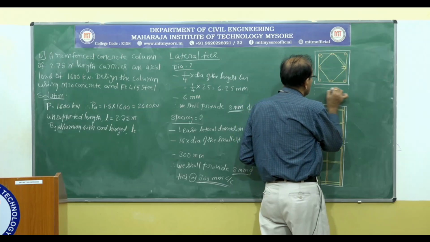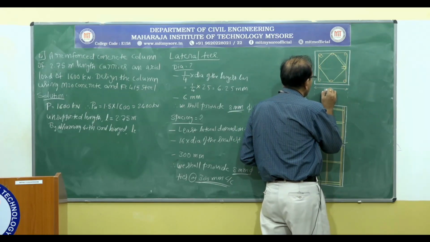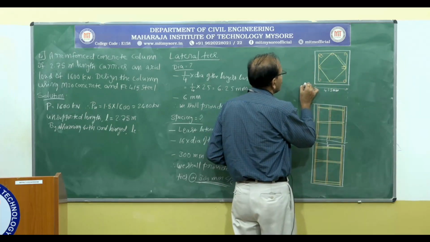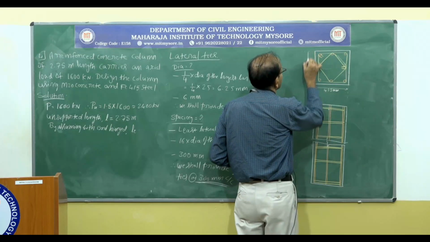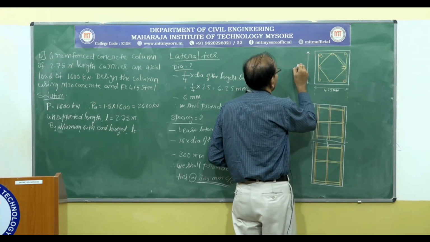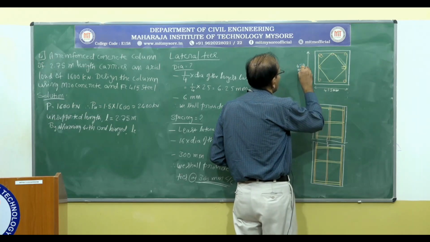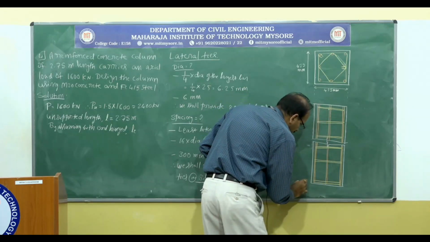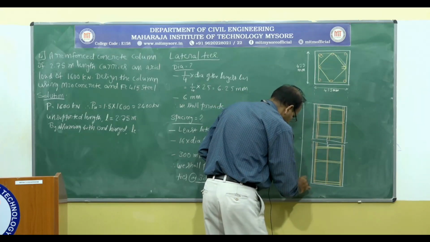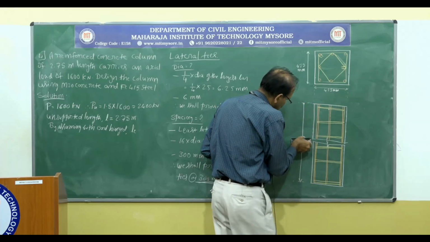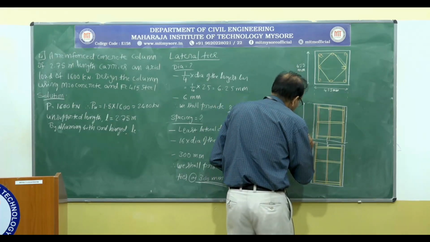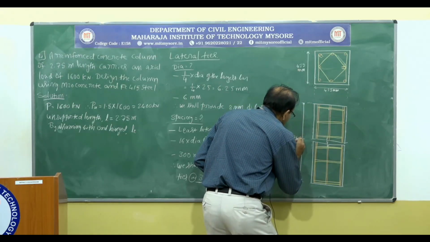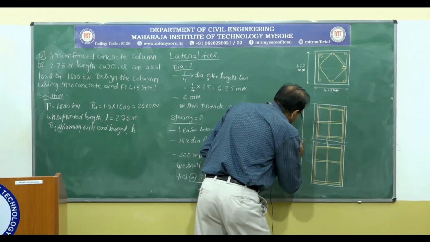So this dimension is 425 millimeter, and this is 425 millimeter, and the unsupported length of the column is 2,750 millimeter.